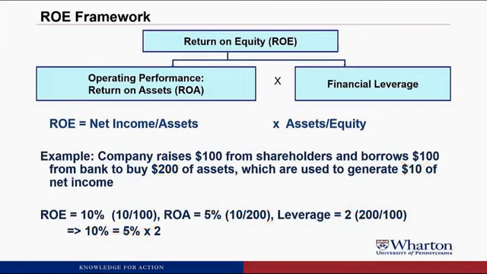Or let's say that we keep leverage at 2, but we find a way to operate the business more efficiently to get the ROA up to 10%. Then 10% ROA times a leverage of 2 would give us an ROE of 20%. So either operating performance or leverage can get you to a high ROE.